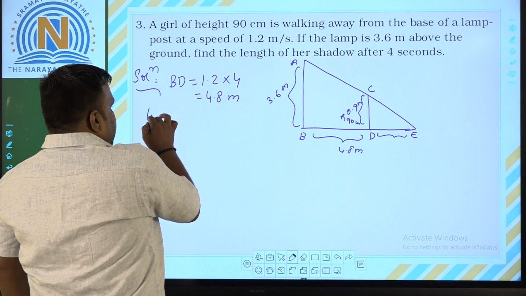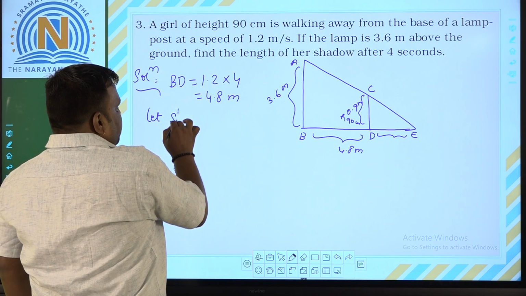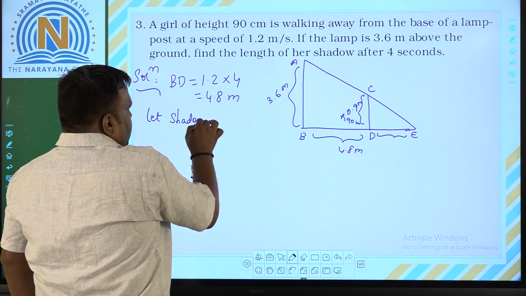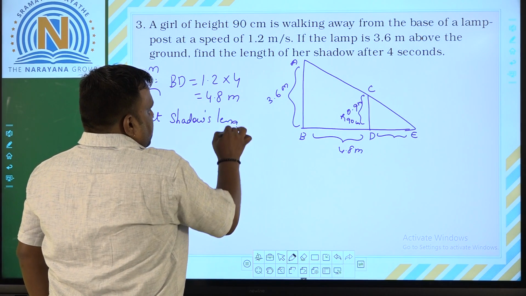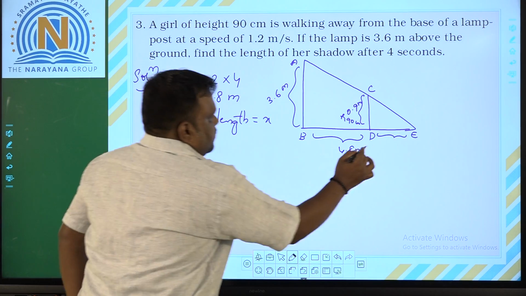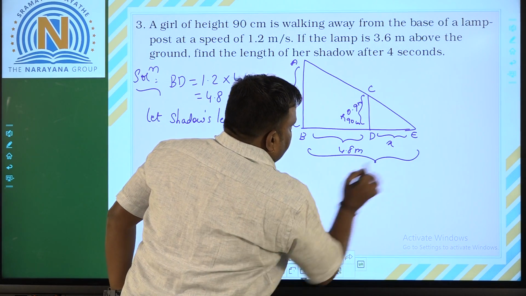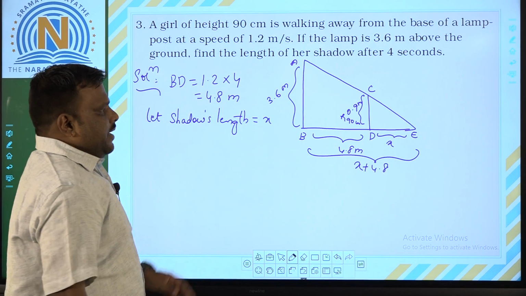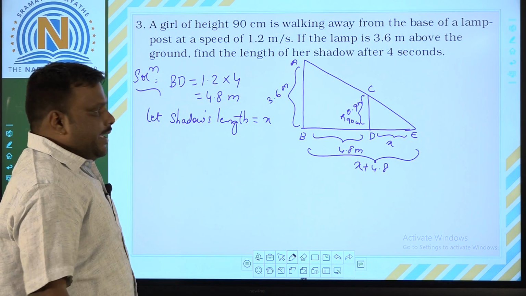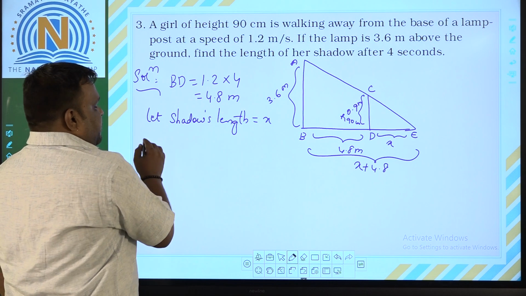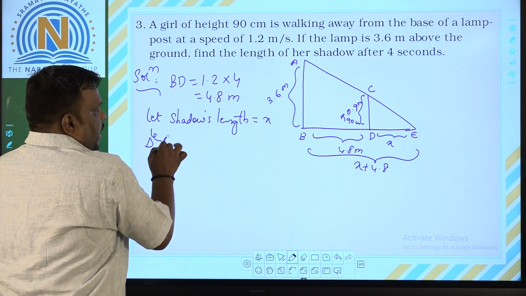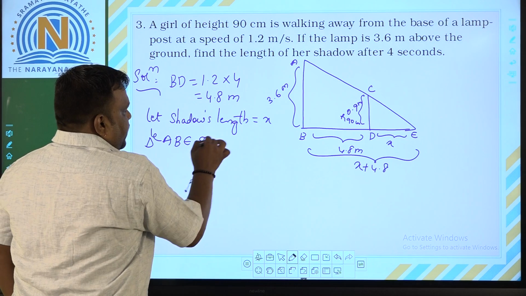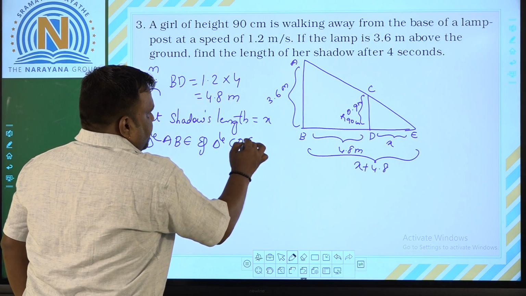So let the length of the shadow of the girl be x. Then complete BE will be x plus 4.8. Now consider triangles ABE and CDE.